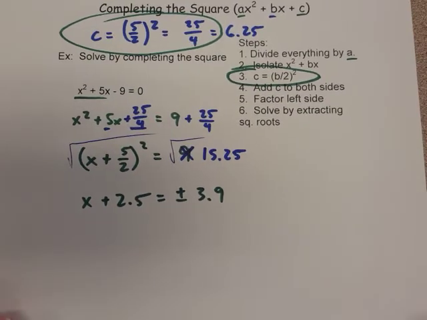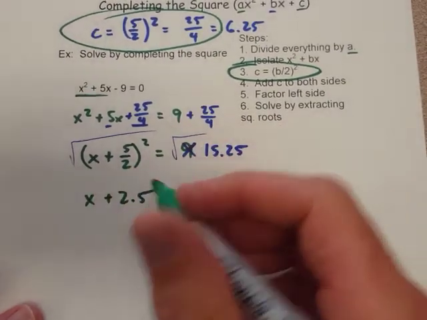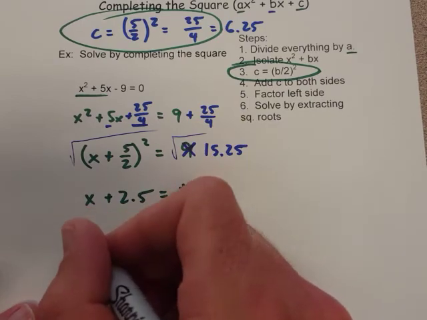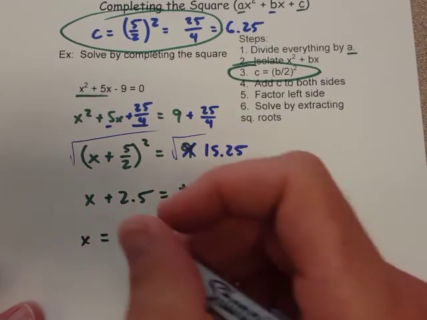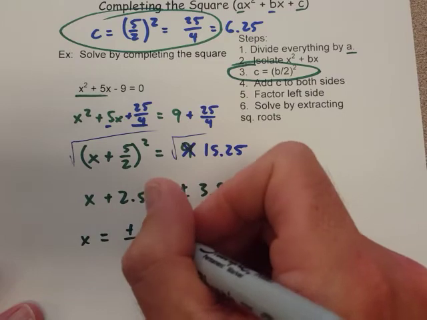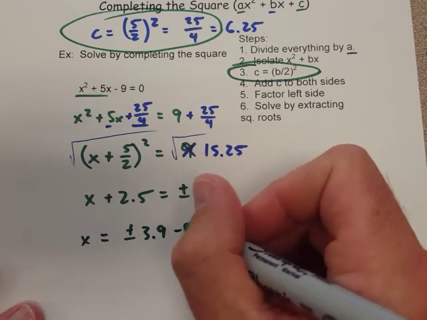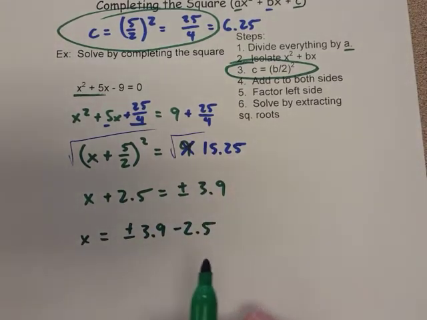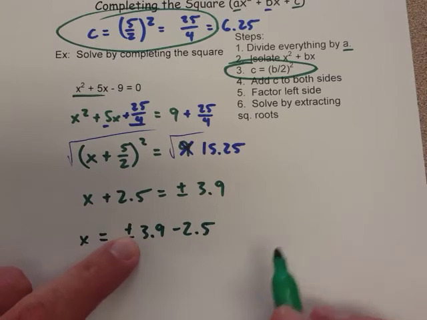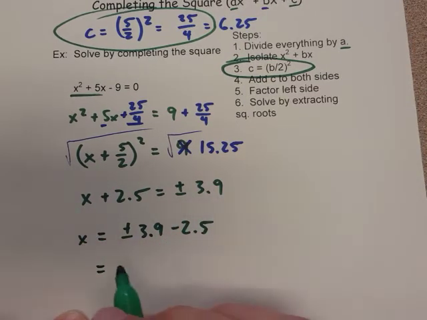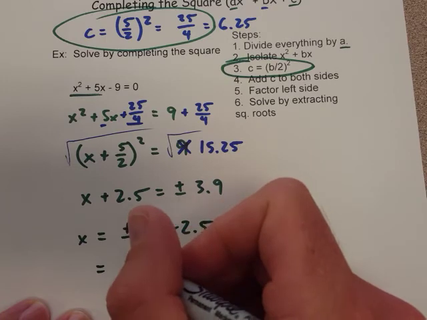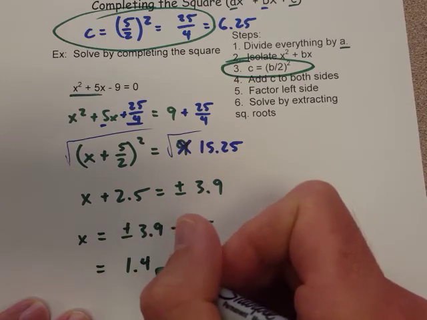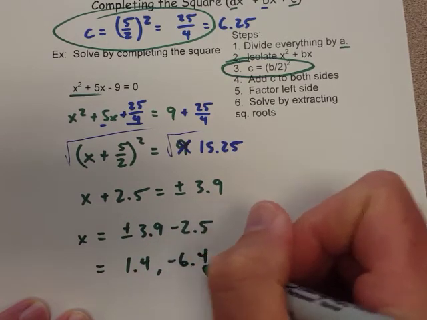All right, we're almost done. The last part is just to subtract the 2.5, and so x equals plus or minus 3.9 minus 2.5. Positive version, get an answer. Negative version, get an answer. This is going to be 1.4 and negative 6.4 approximately.